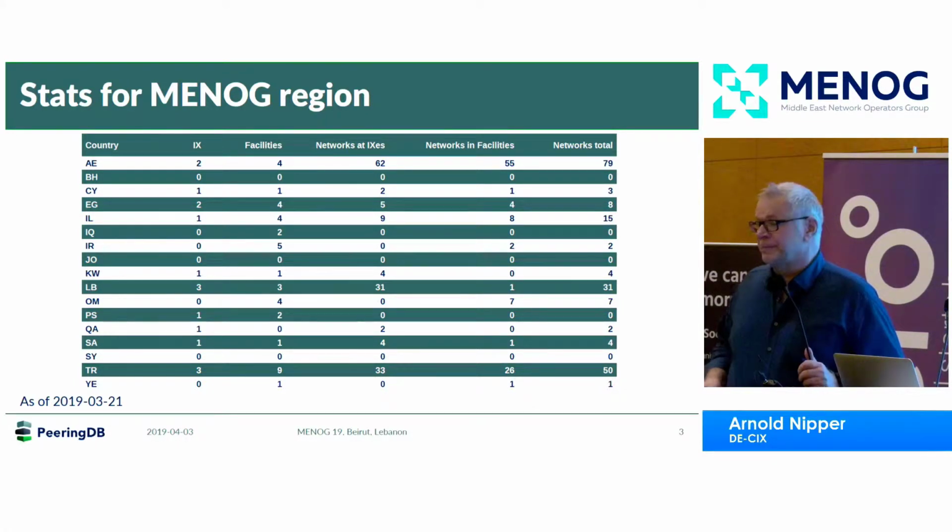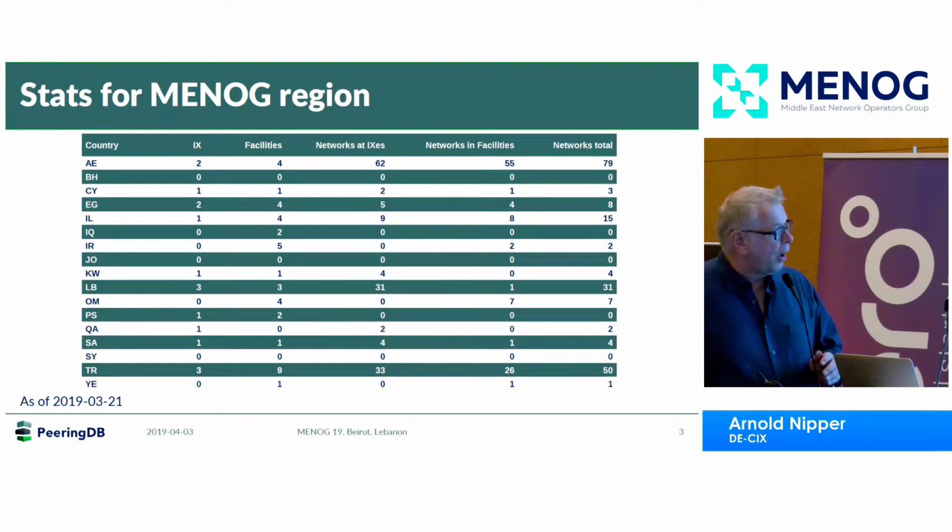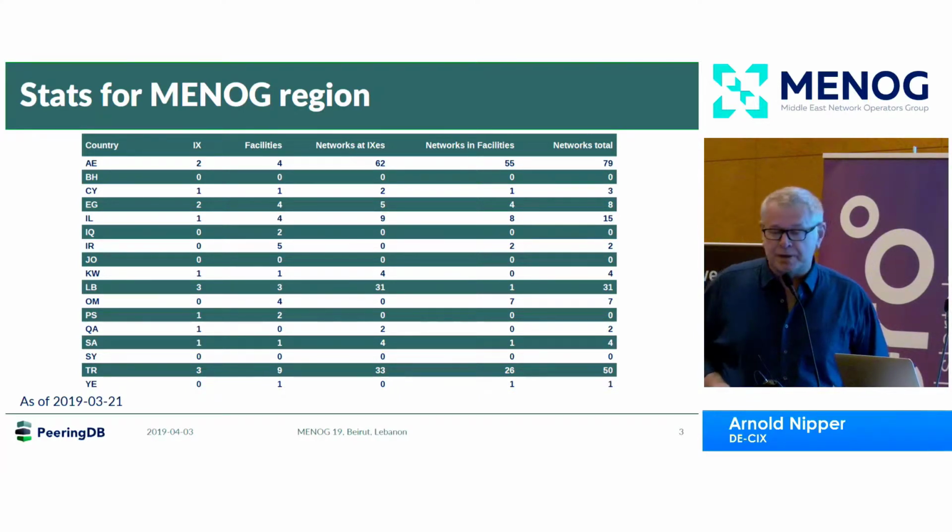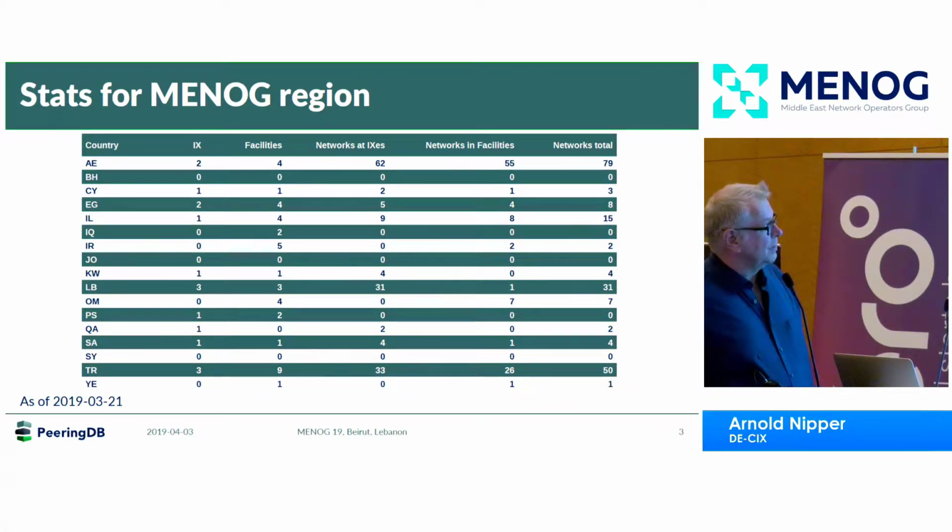You have to use non-RFC 1918 addresses, and some IXPs still think it's a good idea to use RFC 1918 addresses to interconnect customers. It's definitely not. And we also see some countries where we do not find any information about IXs or facilities, and then definitely, as a corollary, you won't be able to find networks over there.